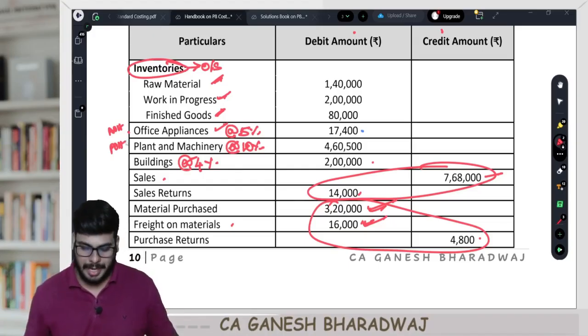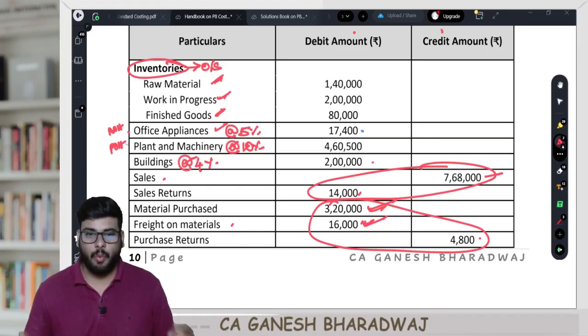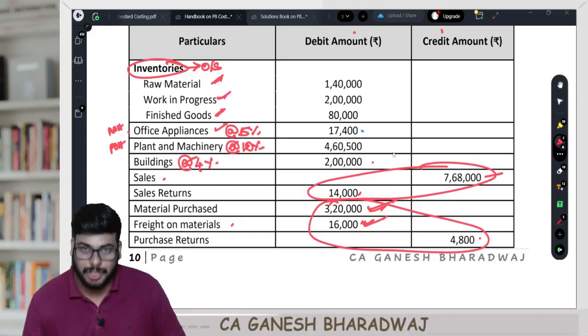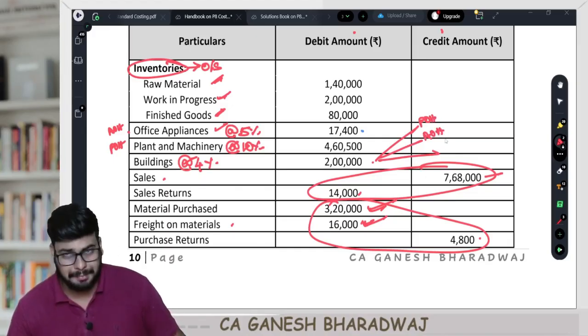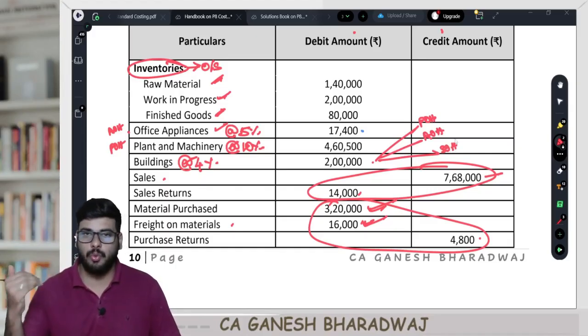Building is a common area. With respect to building, whatever is the depreciation, so 2 lakh into 0.04, this 8,000 rupees of depreciation, you need to split it between factory, that is POH, corporate office AOH, and your sales depot SOH in the ratio of 8:1:1.